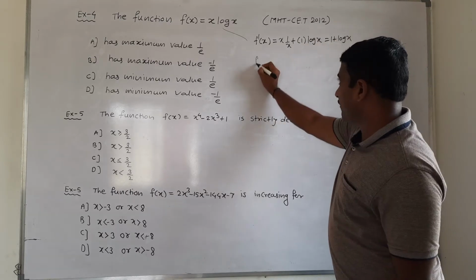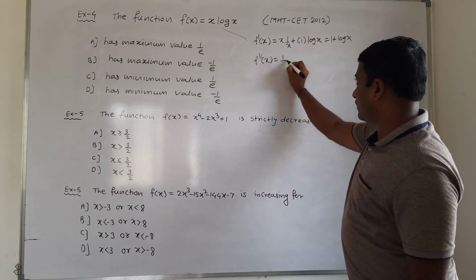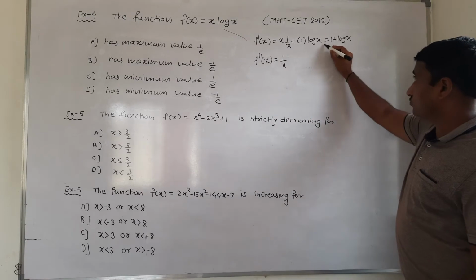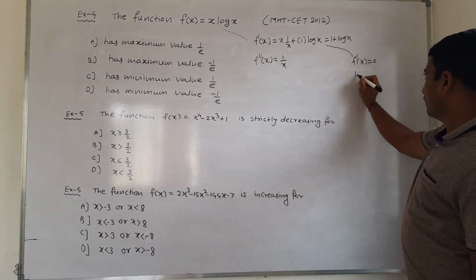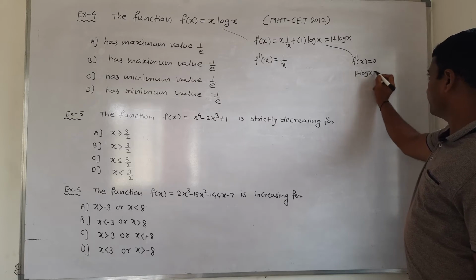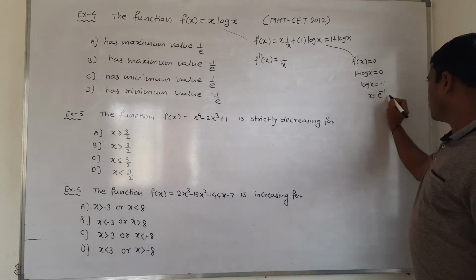Now again I find the second order derivative, f double dash x is equal to 0 plus 1 by x. For extreme values we put f dash x equal to 0. We get 1 plus log x equal to 0, log x equal to minus 1, x equal to e raised to minus 1, that is 1 by e.